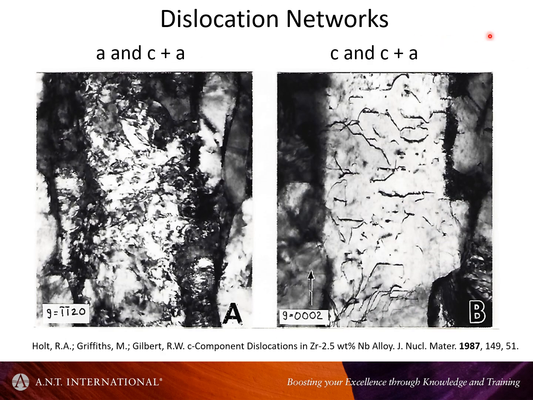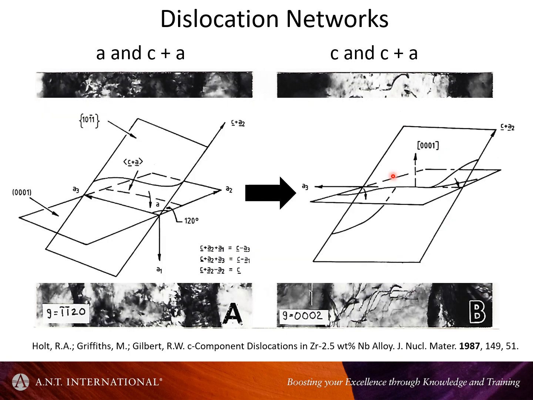So I said there are two types of dislocations. We use TEM to image them. And here's a zircaloy or zirconium-niobium pressure tube. When imaging with the 11-2 condition, one sees all types of dislocations, and the contrast is pretty poor. But if you image with a basal reflection, you only see dislocations of a particular type, C+A in this particular case.